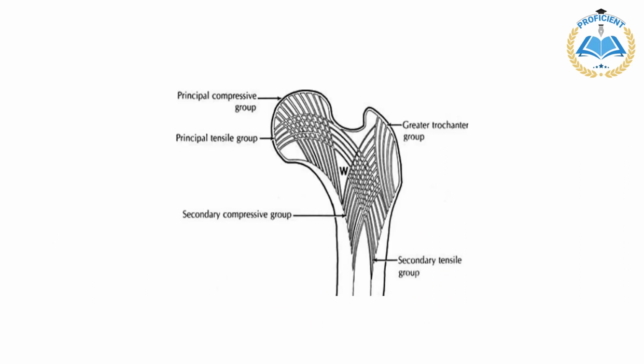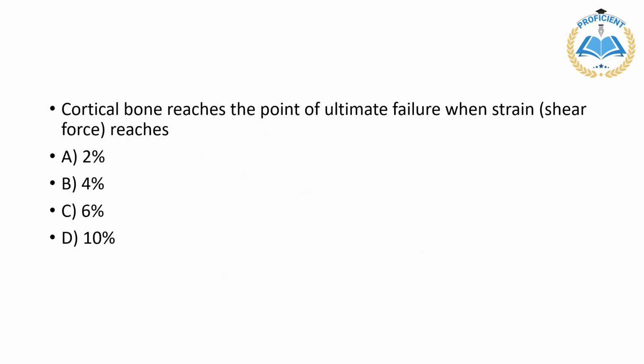This is an example of the trabecular system within the femur. As you can see, the points of overlapping are the strong points in a bone, whereas there are regions where there is no trabecular system, and this is the point of weakness. It is present at the neck of the femur, which is why neck of femur fractures are common. Let's look at some examples.